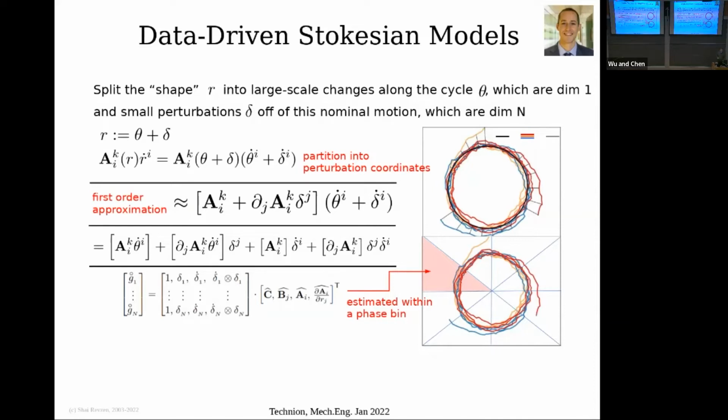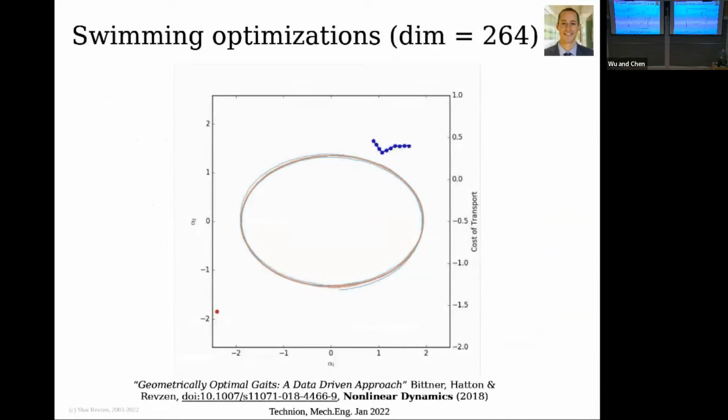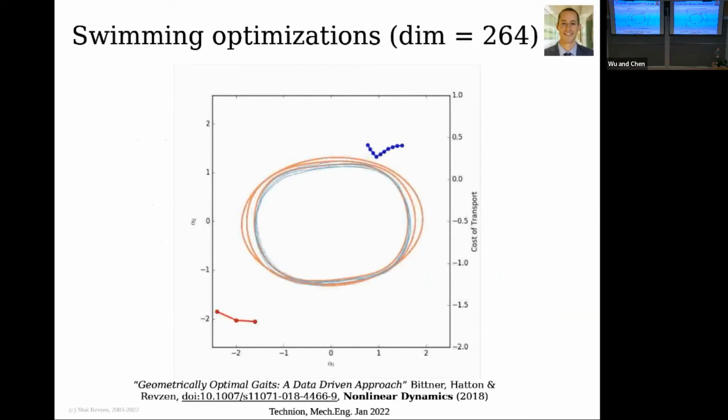Here's what we get. We start out with a very simple gait. The policy space here is dimension 264. We do a few iterations of this. So 30 cycles of wiggling. This simulated wiggling has some noise in it.